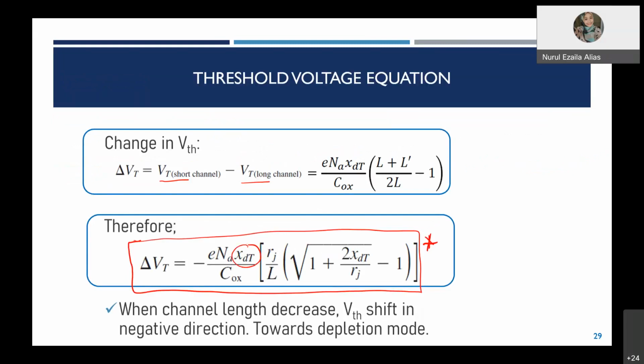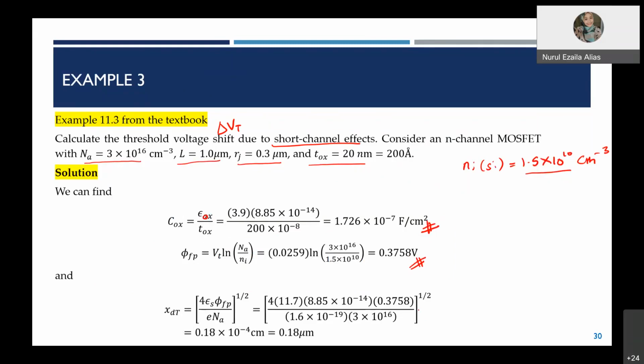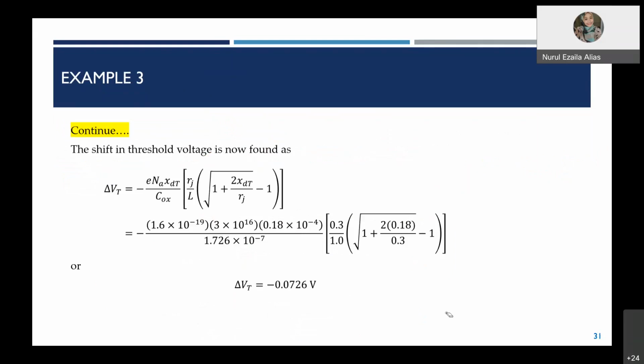Find the XDT over here. So plug in all the values. You should get 0.18 times 10 to the power of minus 4 centimeter. Finally, you plug into the long equation that approximates the Rj value, also given.